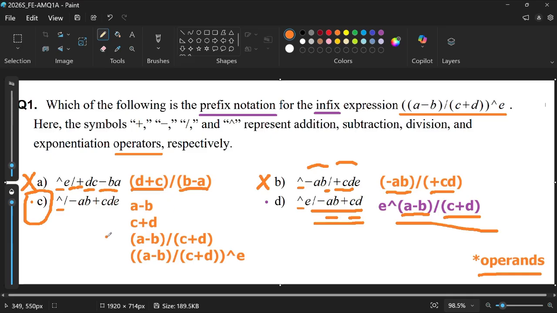Now, if we look at C, C is the correct answer. And so if we go by with the same pattern again, where you have the operator and then two operands after, that's when you can put them together. So this one becomes A minus B. And then we have here a plus sign, which is another operator, but we don't have the operands yet. So we wait for the operands, and that's when we get the C and D here. That's why we got C plus D here.